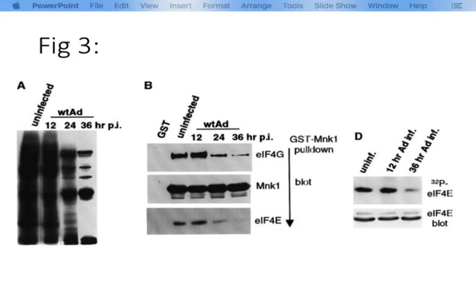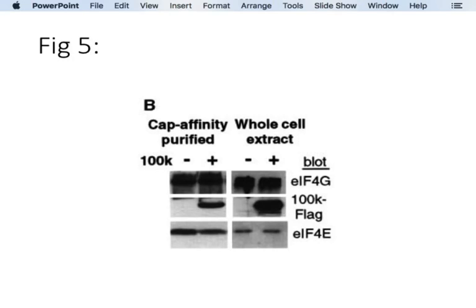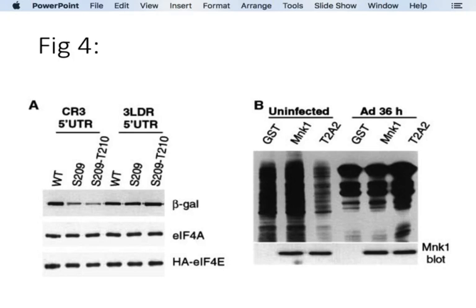We're not going to spend much time with figure 4 here. The biggest thing to point out is, let's just focus on A, given the time that we have. In A, what they're looking at is the ability of translation from a eukaryotic mRNA or from an adenoviral mRNA that has one of these unique hairpin structures.